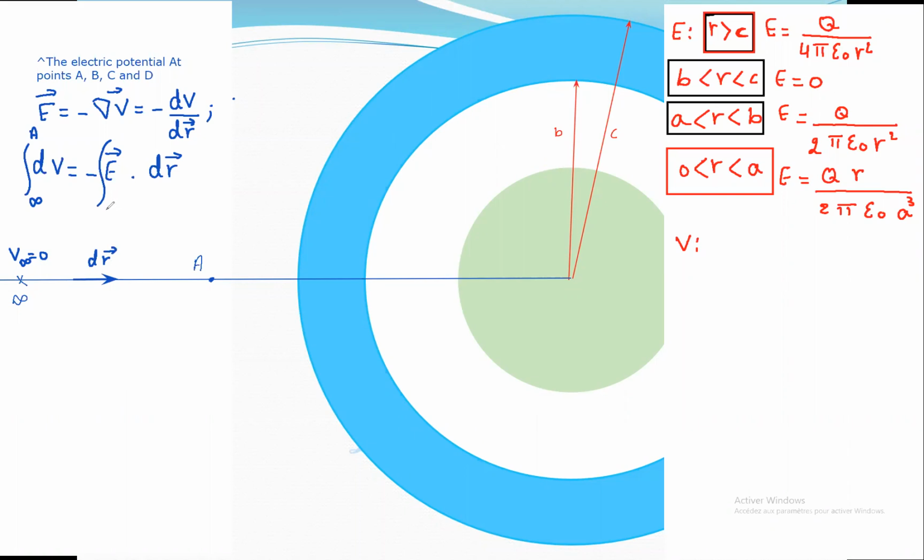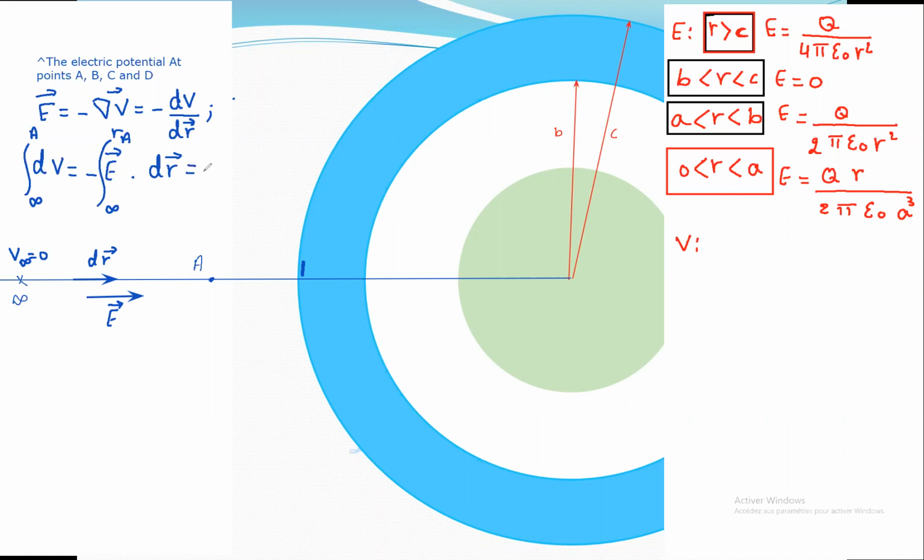We move from infinity to RA. You know, here at the outer shell, we have a negative charge. In this case, E must be toward the system in this direction. This is E. The angle between E and dr equals 0.